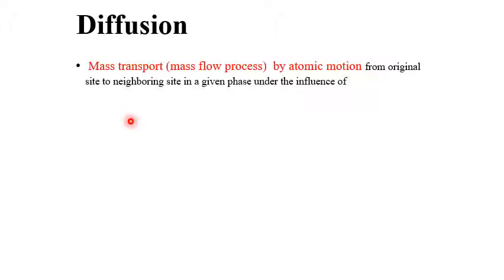Just to recall what we discussed about APF, the atomic packing factor: in the simple cube we had 52 percent, in the BCC we had 68, and in the FCC and HCP we had 74 percent. Means the remaining percentage is free space.